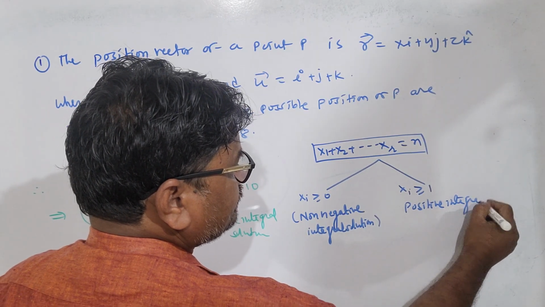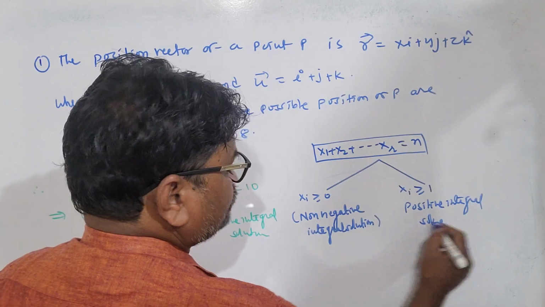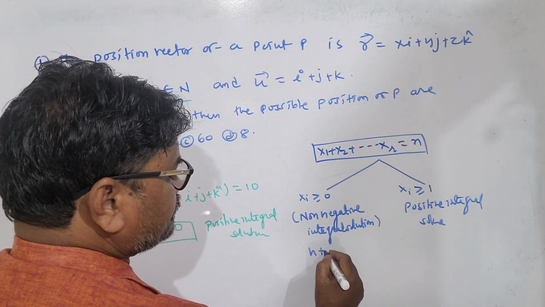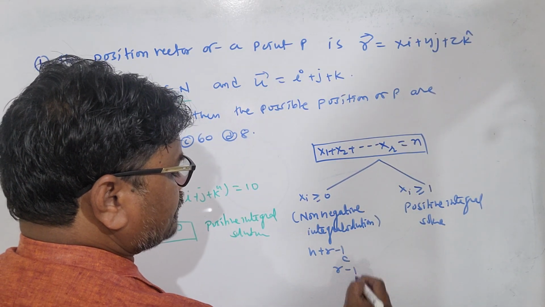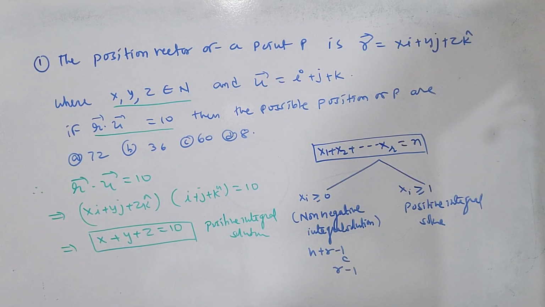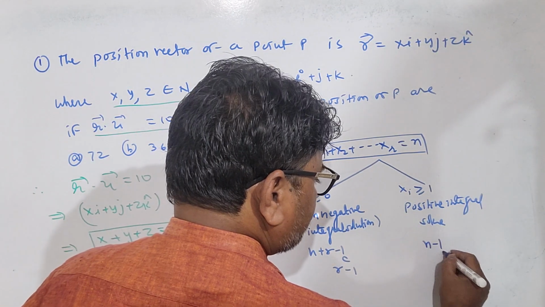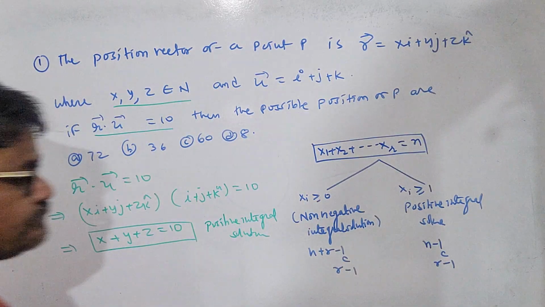The non-negative solution is given by n plus r minus 1 C r minus 1, and the positive one is given by n minus 1 C r minus 1.